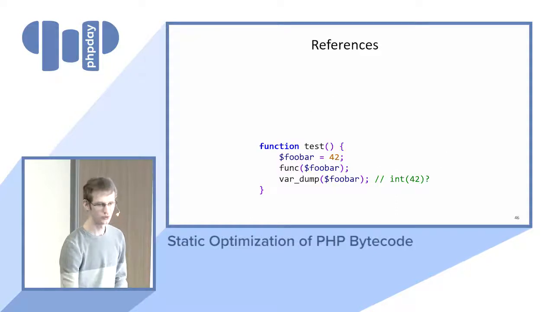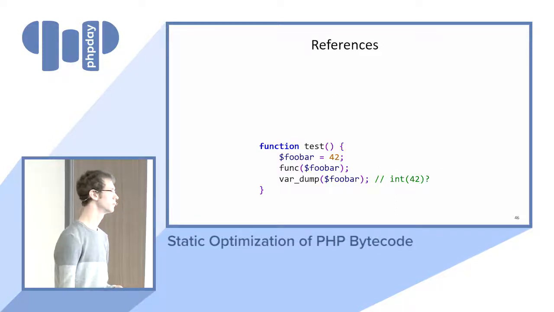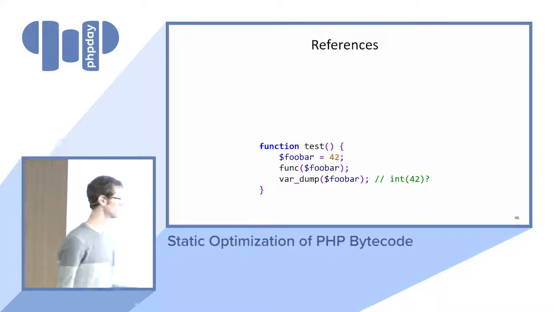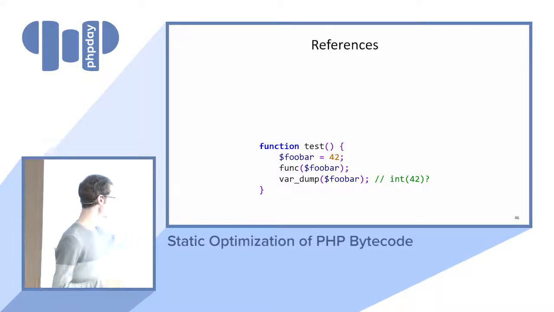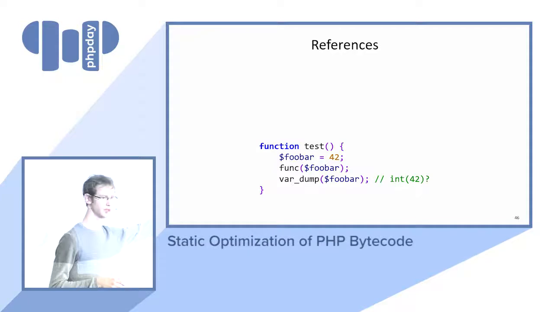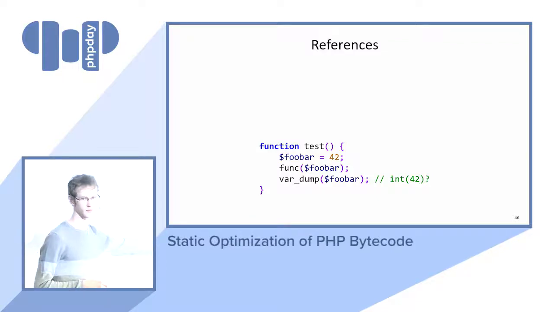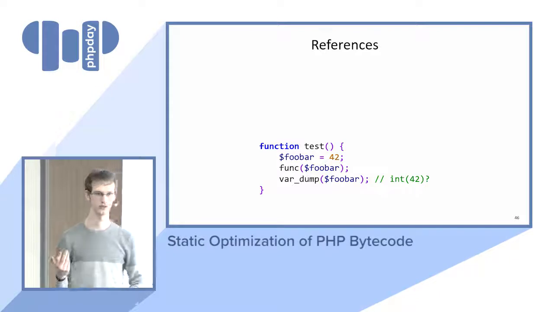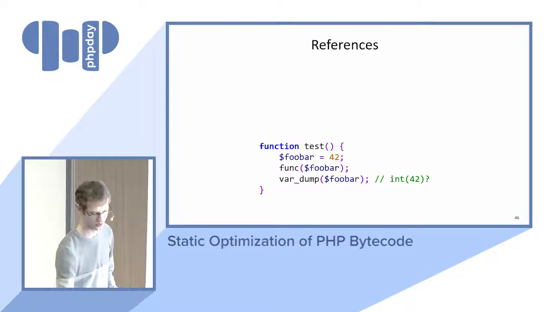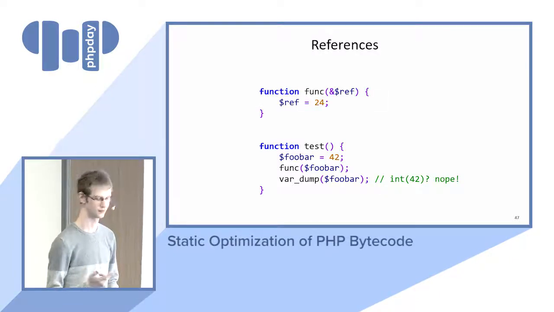A bigger issue are references. This example is again for constant propagation. Here we have foobar is constant 42, and we'd like to say that, okay, this is actually just a constant 42. Only problem is we have a function call before that. This function call kind of ruins things, because this function could be accepting the argument by reference.